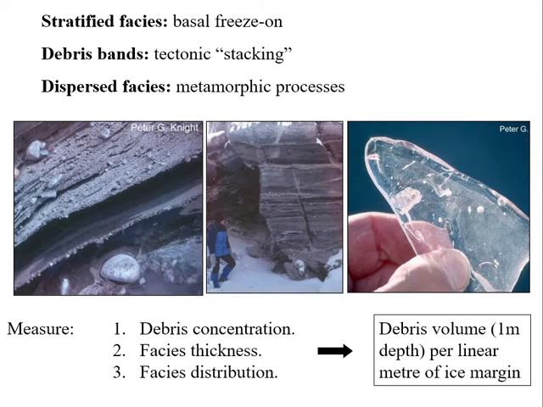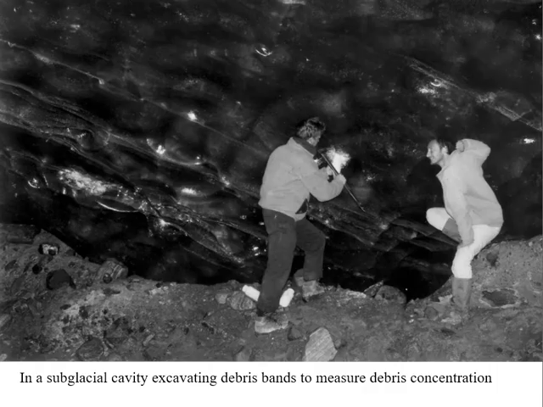From that, we would be able to work out how much debris was present at the ice margin in the basal ice layer for each meter of the ice margin.